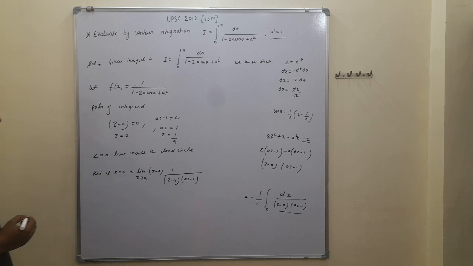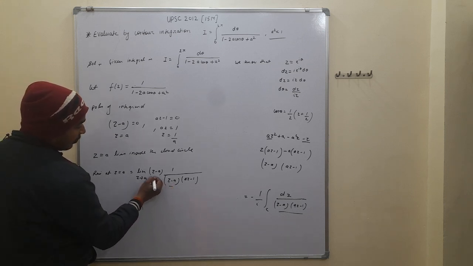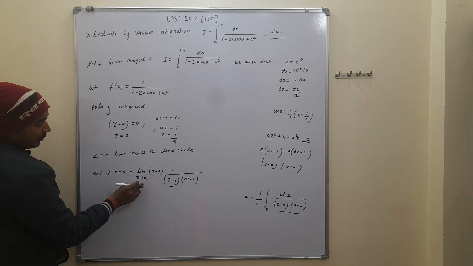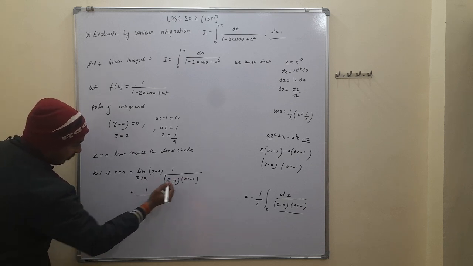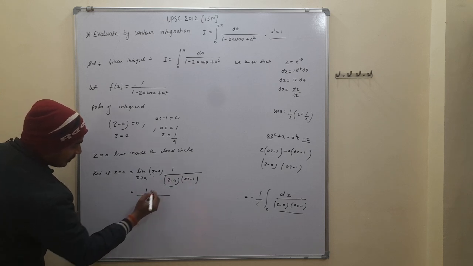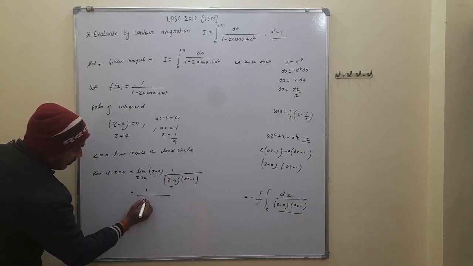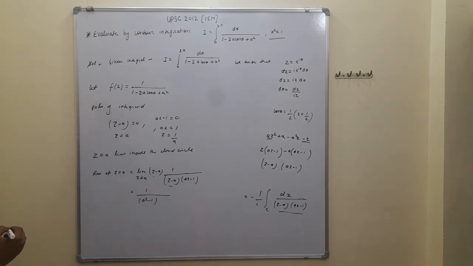And further we have to put z is equal to a here, this part and this part is removed, so we have to put z is equal to a here. This is given by 1 upon, in place of z we have to put a, this is given by a square minus 1, once again az minus 1.